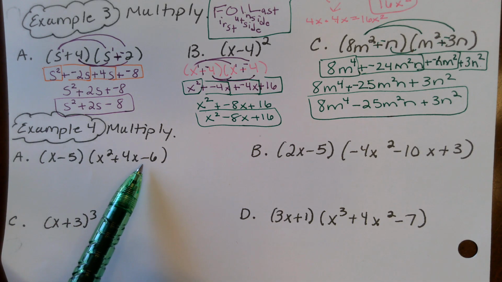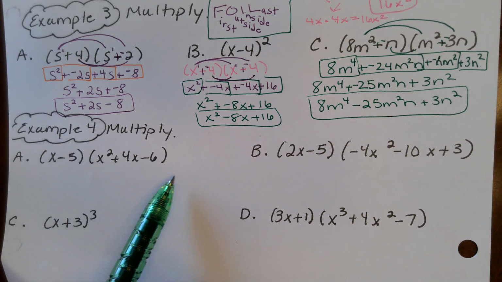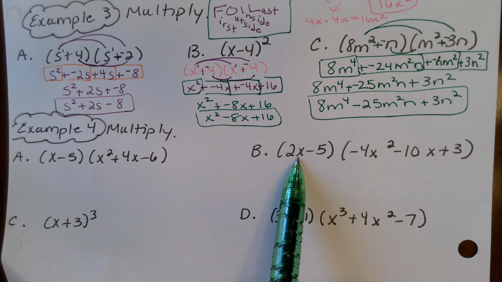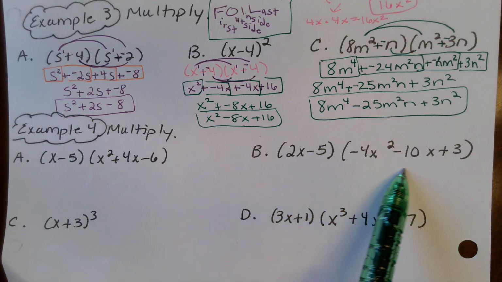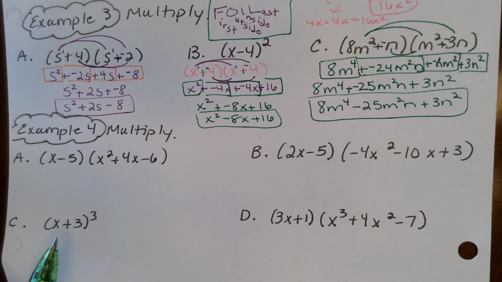And how many here? 3. So 2 times 3, I'm going to get 6 terms here. And 2 and 3, I'm going to get 6 here. And 2 and 3, I'm going to get 6. Oh, and this is just a whole nother beast. Let's take care of that later.